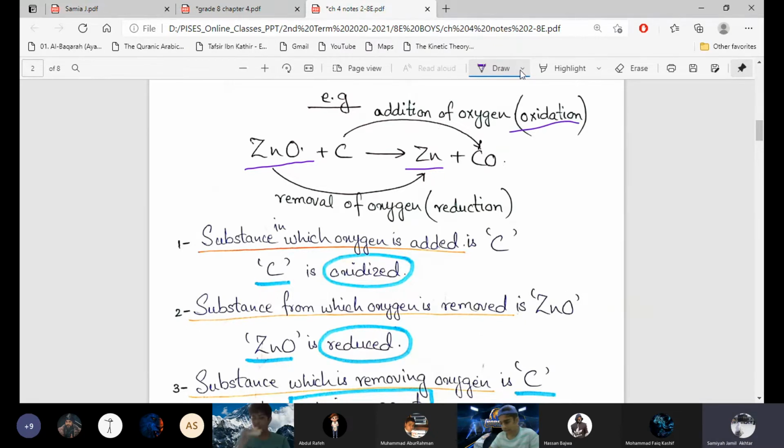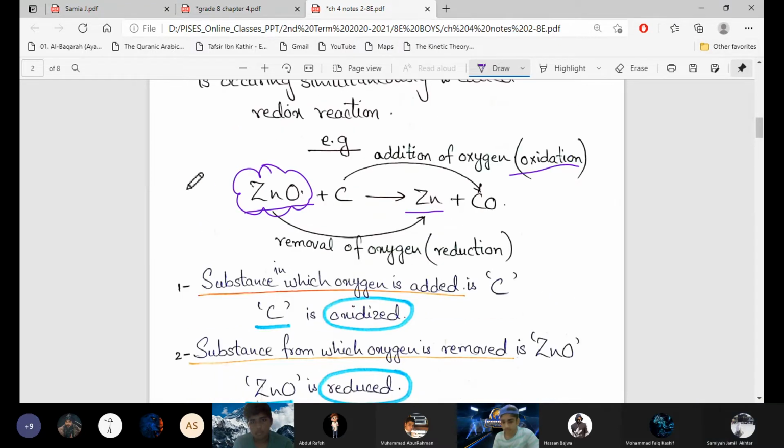Which substance is reduced and which is oxidized? Zinc oxide is reduced, because from zinc oxide to zinc, reduction is happening. And carbon is oxidized.